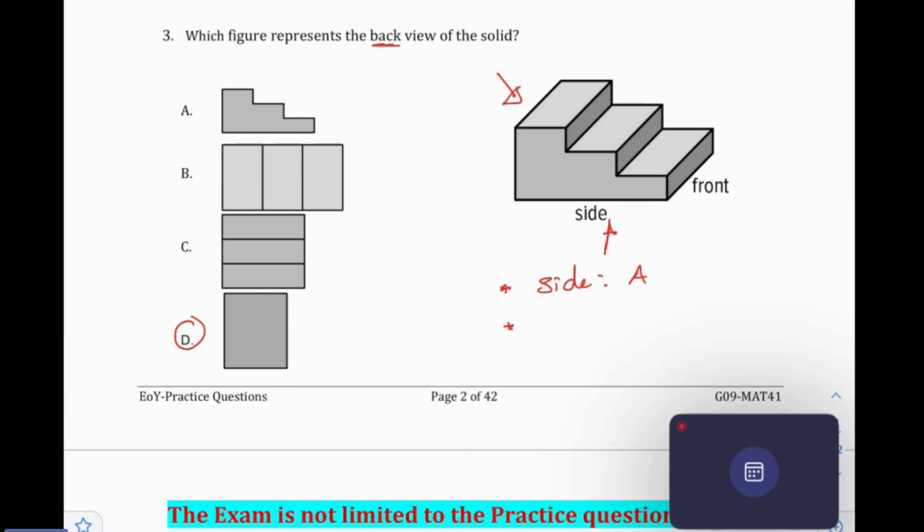Okay, let's look at the front. Which one is the 2D orthographic presentation if you look from that side? Is it C or B? I think it is C, because the blocks here are a little bit thin.